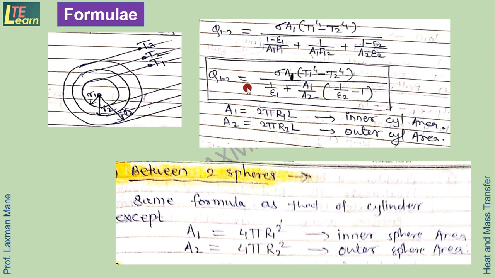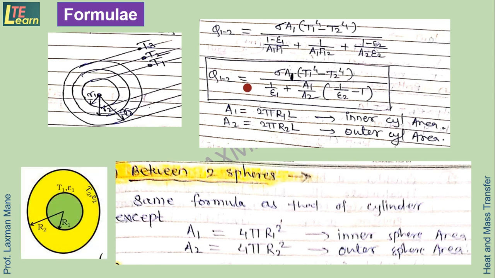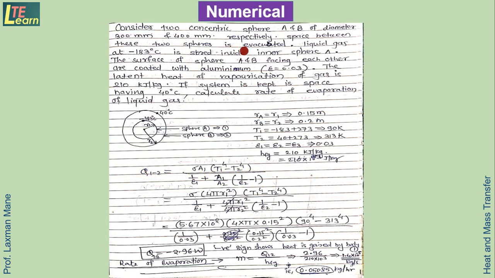So let us go to the numerical. Consider two concentric spheres A and B of diameter 300 mm and 400 mm. The space between these two spheres is evacuated.